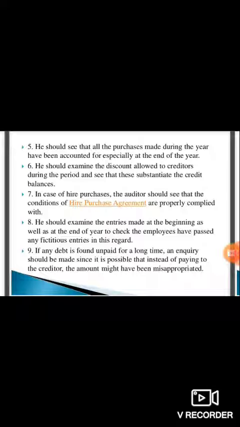So if any amount is not paid to a creditor for a long time, he has to go through the details and verify why they haven't paid that amount and what the reason is. And where is the cash allotted for those creditors, and whether it is used in other ways or misappropriated, the cash should be verified by the auditor in the trade creditors.